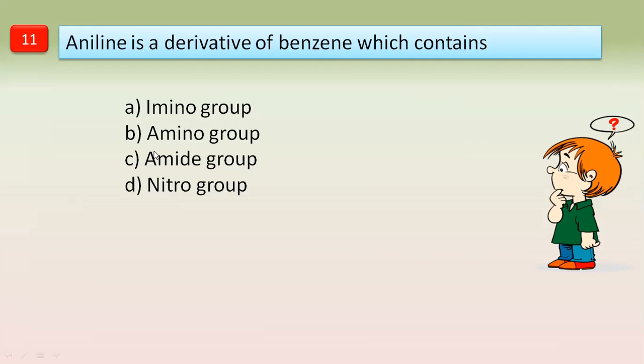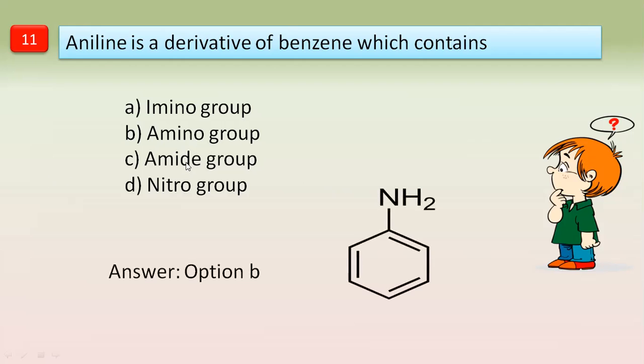NH2 means it contains amino as a functional group. Amides means C double bond O NH2, imino is the NH group and nitro is the NO2 group. So option B is correct. See, this is the structure of aniline, which contains the functional group NH2. It is called the amino functional group.